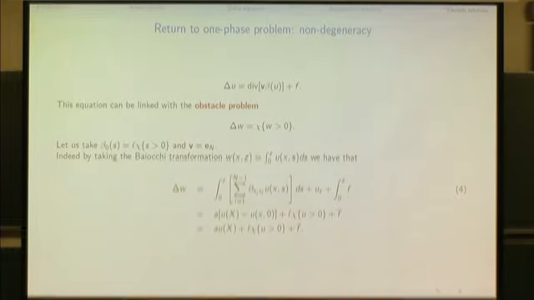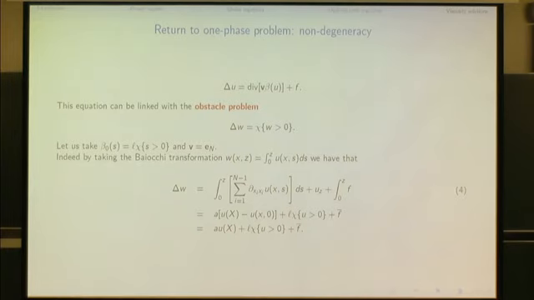So this looks pretty much like an obstacle problem, except the fact that here you have u and here you have w. So w is going to be the Baiocchi transformation, which is basically an integration of your u in vertical direction. So therefore, this is not really the obstacle problem, because in an obstacle problem you expect the same function to appear on the right-hand side and left-hand side.